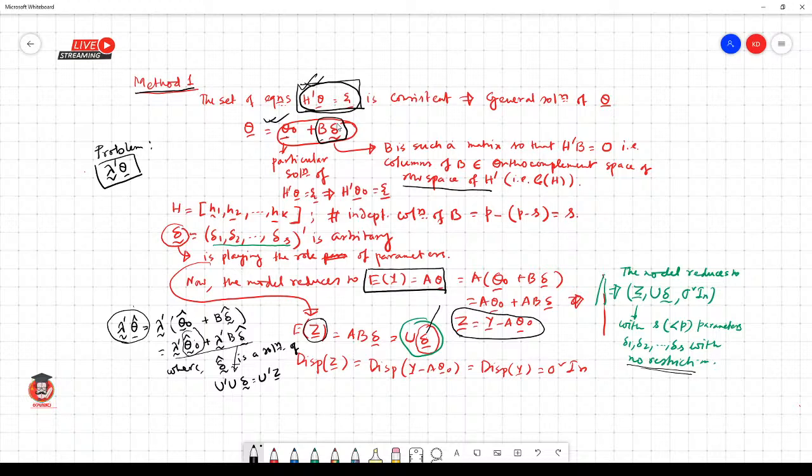So we need to reduce this model to an unrestricted model, that is the usual model, using this transformation z curl equals y curl minus A theta naught curl, and we see that under this transformation this is a usual model, where we have only s parameters with no restrictions, and now lambda curl prime theta curl is estimable because theta naught curl hat is known and delta curl hat is also known, because delta curl hat is a solution of this equation U prime U delta curl equals U prime z curl.